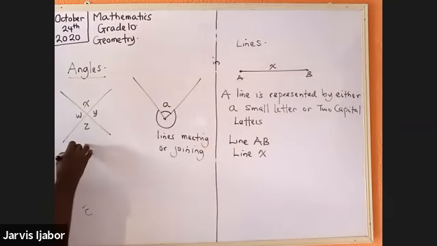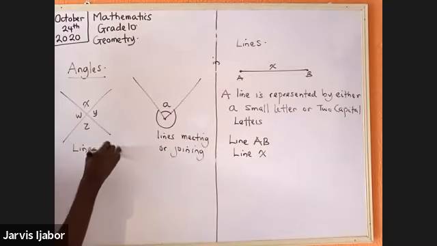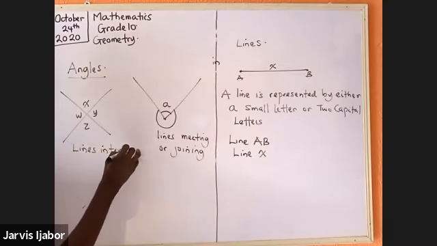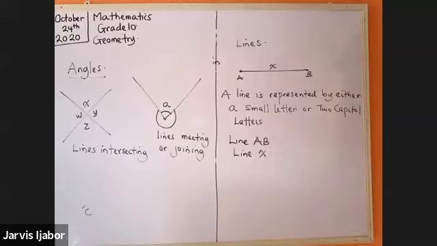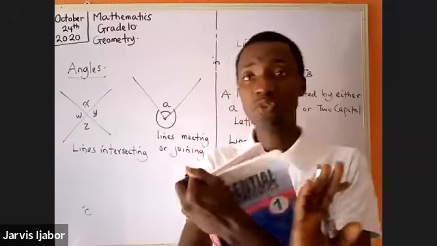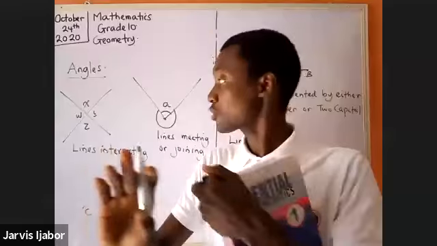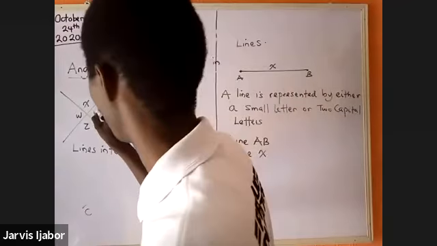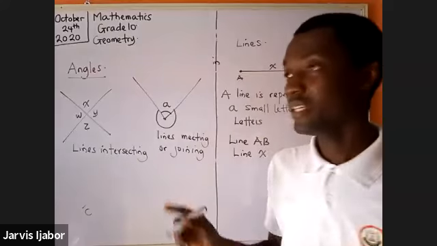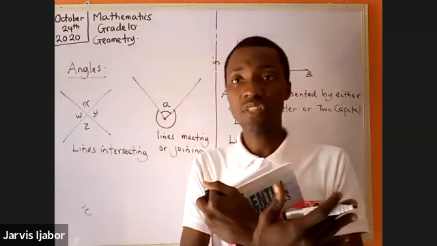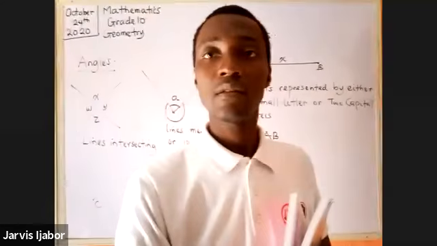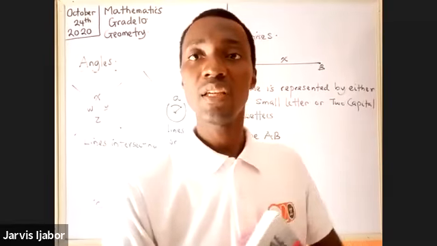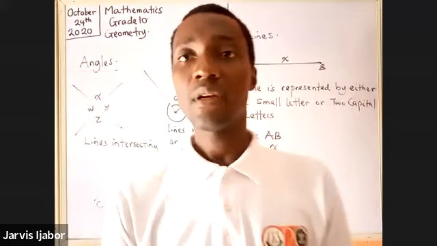This one will be lines intersecting. So when lines intersect, in intersection, the lines cut into themselves. Look at it. The lines cut into themselves. But in joining, they just meet at a point. So you must take note of the differences here when lines meet and when they do what? They intersect. Okay, are we together?